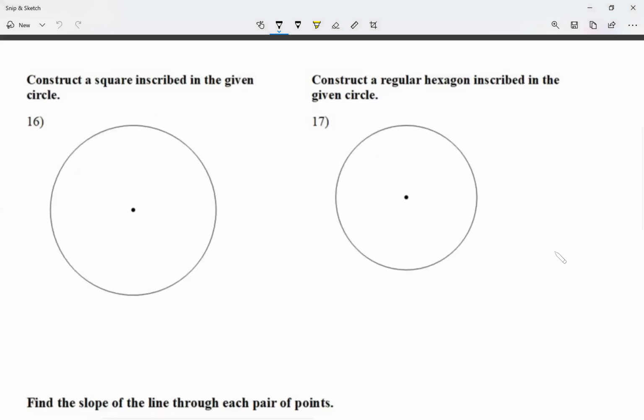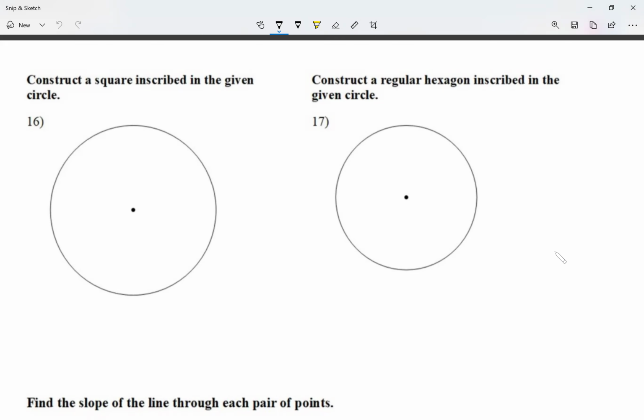So 16 and 17, the first one is construct a square inscribed in the given circle. Okay. So basically, I'm going to construct a square. I'm going to draw a square. Now we know for squares, the corners are 90 degrees. All the sides are equal. That's one thing we know.